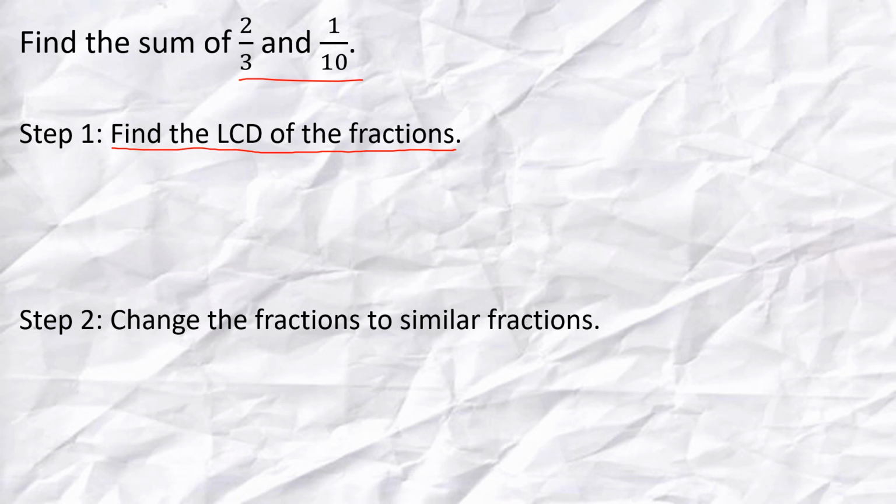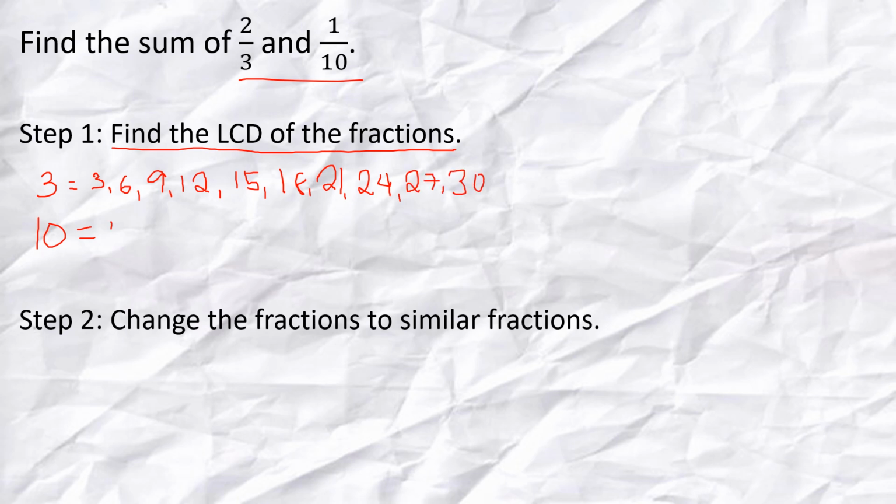So get the denominators, that is 3 and the other one is 10, and then list down the multiples of these two. The multiples of 3 are 3, 6, 9, 12, 15, 18, 21, 24, 27, and 30.